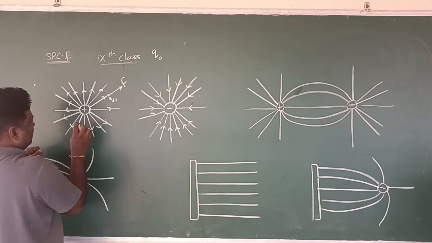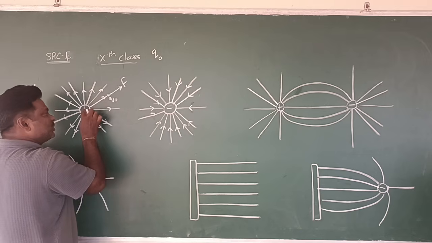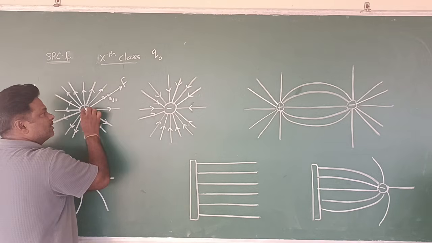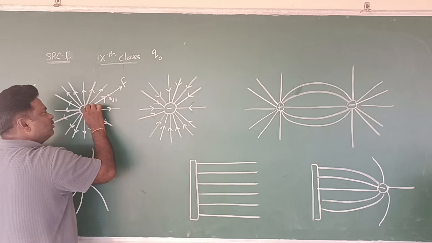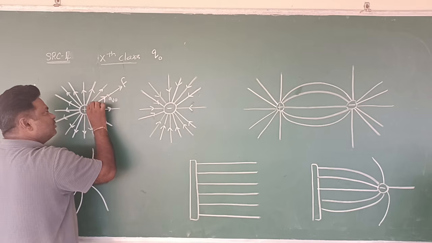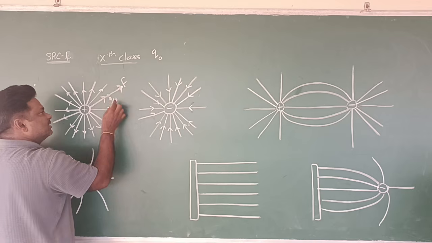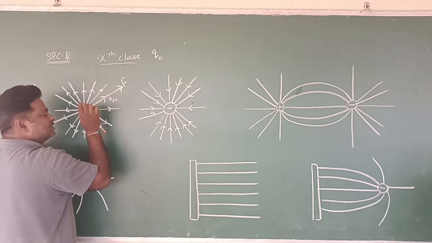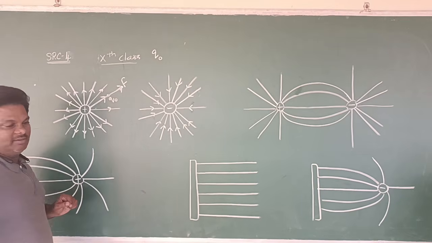That is why this Q naught is repelled by this positive charge along this direction. Along which the force is acting, that direction is said to be the direction of the field.